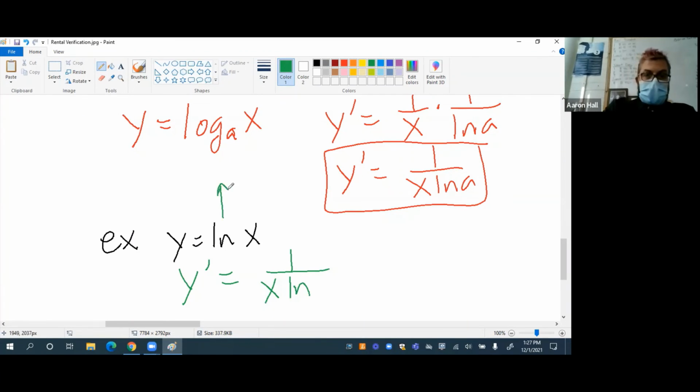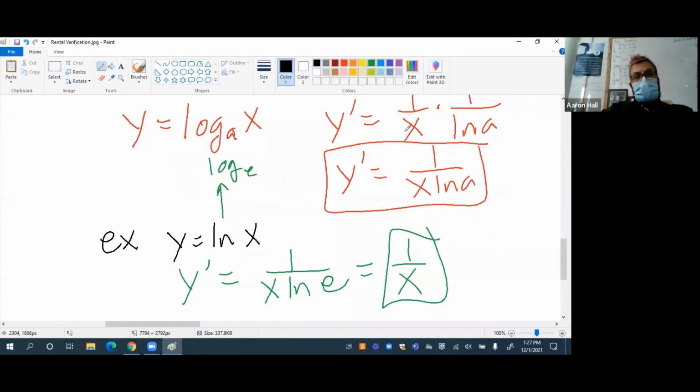What's my base here? ln is log base what? E. So what goes here? E. Well, what is ln of e? Yeah, they're inverses there. It just gives you 1. So I have 1 over x. So we get the same answer.